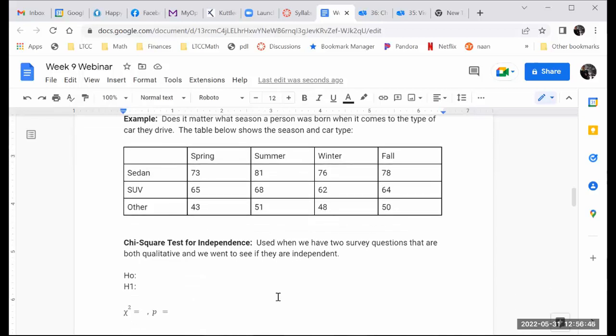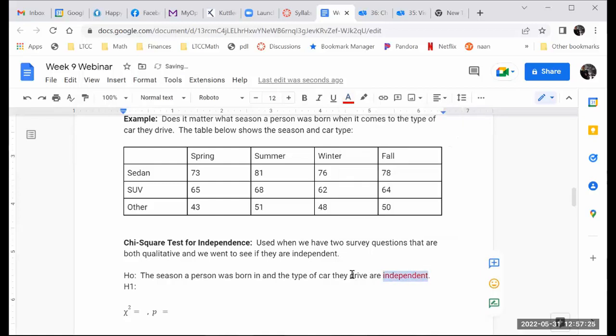Okay, so now once we've decided that, we need to write down H naught and H1. And as I mentioned, this week is going to be all sentences. So H naught is, we can say, the season a person was born in and the type of car they drive are independent. And what I want to do is put that word independent in red.